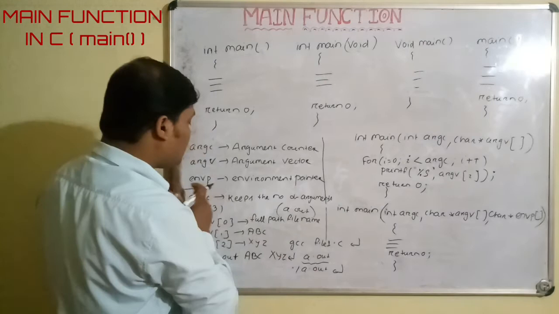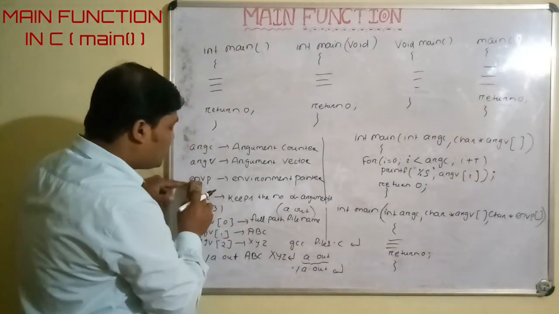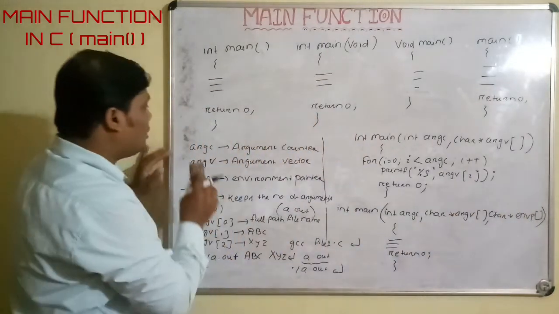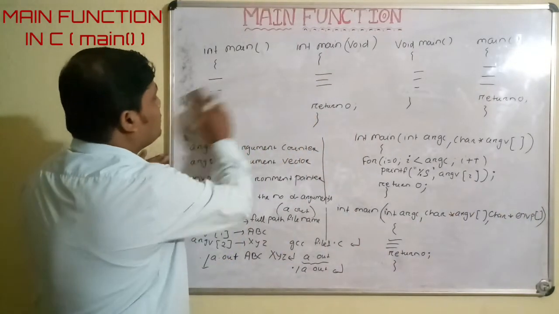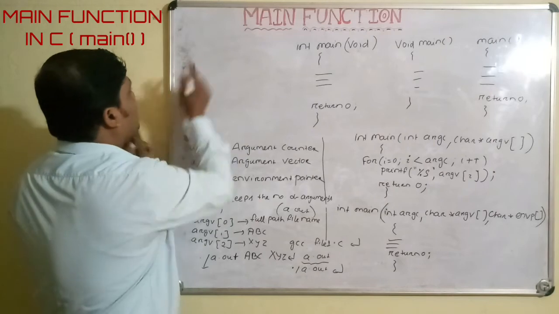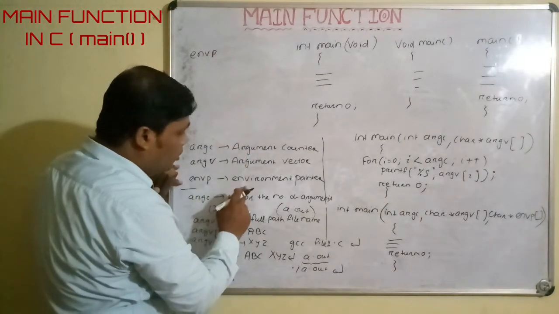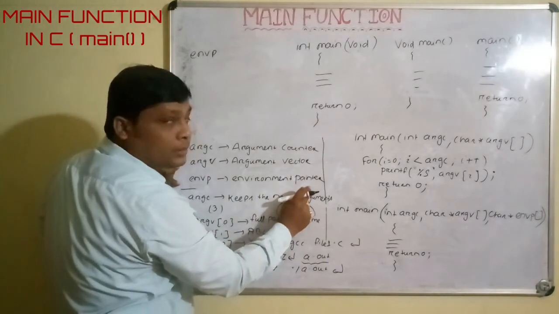Clear? Now come to the third parameter of the main function, that is envp. As I have told, this is the environment pointer.